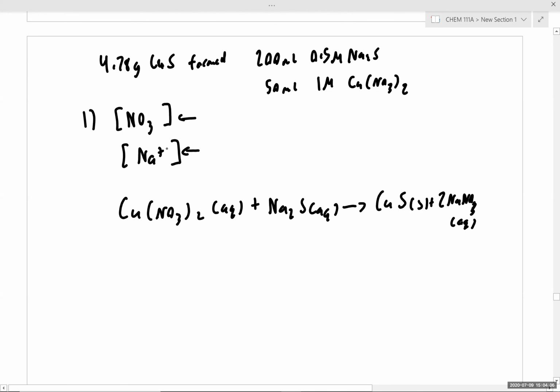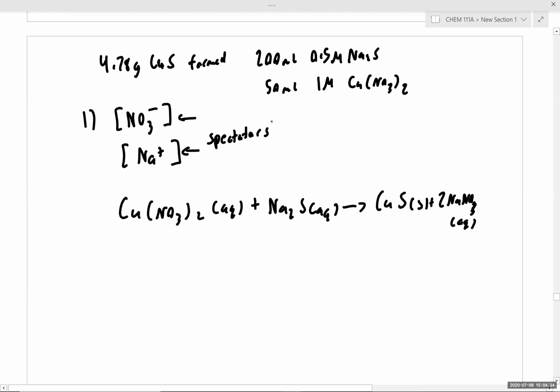If we just think about this idea, we can figure out a very quick way to solve this problem. So do nitrate and sodium plus actually react? Do they actually change in this reaction? What does everyone think? Do nitrate and sodium actually change? No, these two ions are spectators.